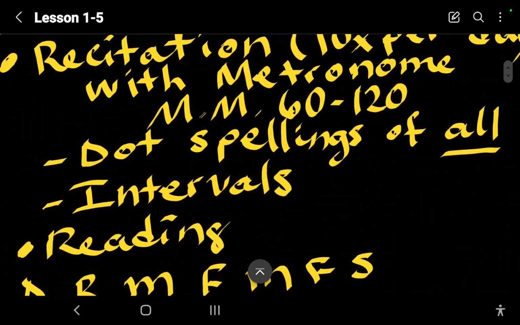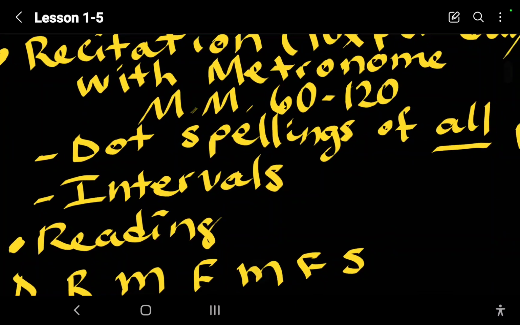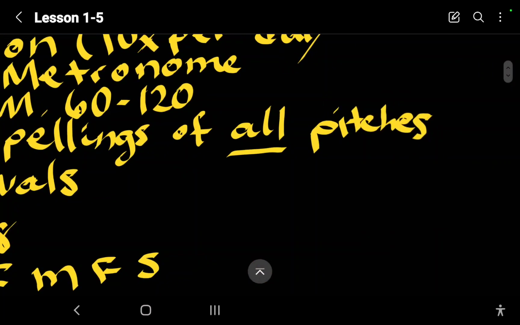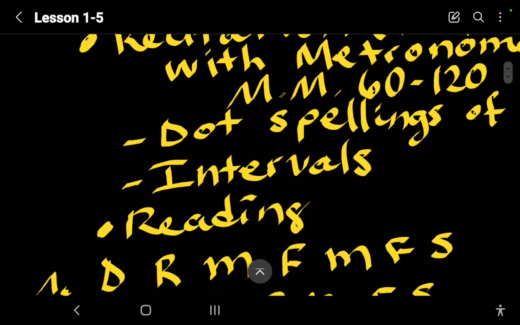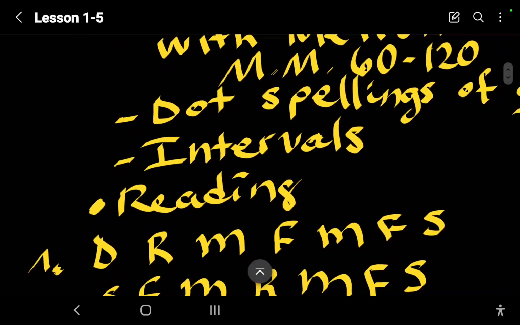Okay, next part. We have dot spellings of all pitches. That would be exactly what I was just talking with you about with the metronome. And then we also have the intervals. So if we did do, re with the metronome, that would be a second.